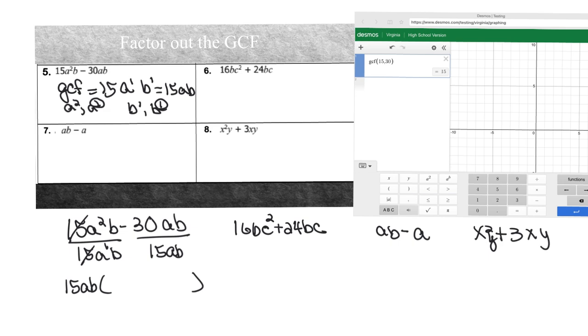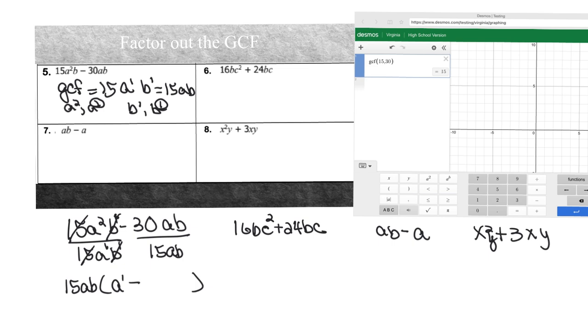So that means I'm going to have an a to the first power on top. B's are the same. I have a b to the first and a b to the first. That means those are going to cancel out completely. So my first term is just a, or a to the first power.